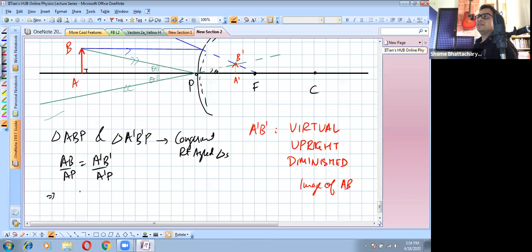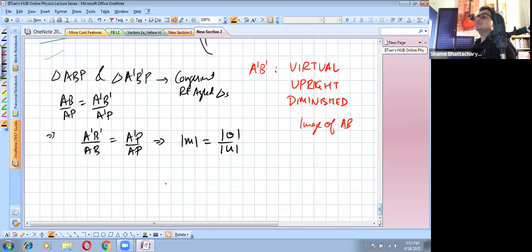So next step, when you see E prime B prime upon EB becoming equal to E prime P upon EP, you understand that your magnitude of magnification is magnitude of V divided by magnitude of U. And sign convention wise, M should be positive because it's an upright image, whereas by proper sign convention, V is positive because it is a virtual image, and U as usual is negative.